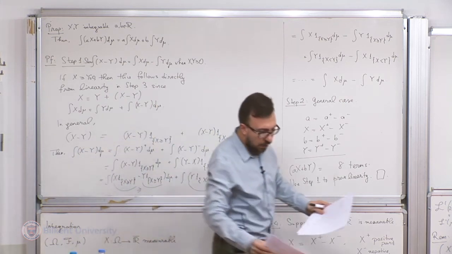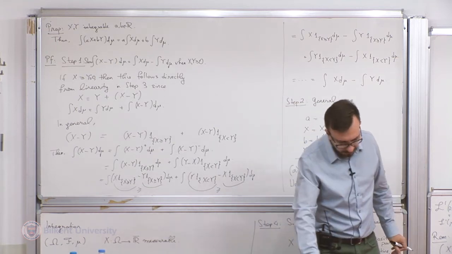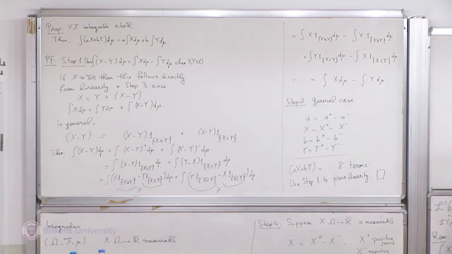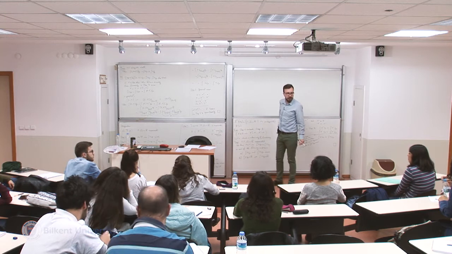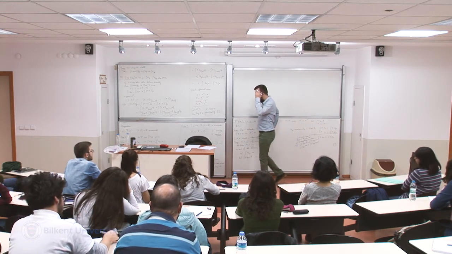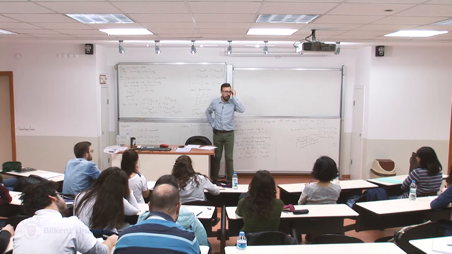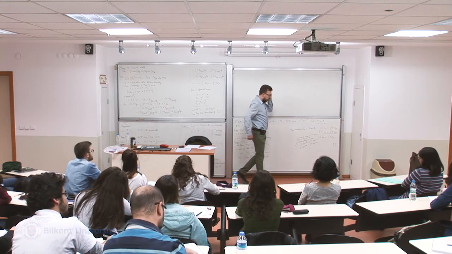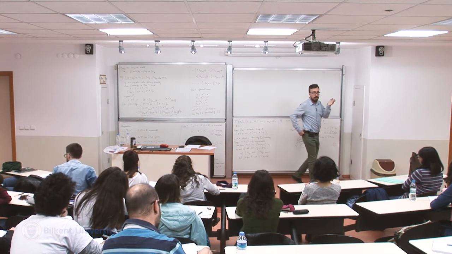Okay, so now we're kind of done with the construction of the integral, at least for real valued functions. So what we would like to do is to add a few more limit theorems. Remember, the most important limit theorem is the monotone convergence theorem.